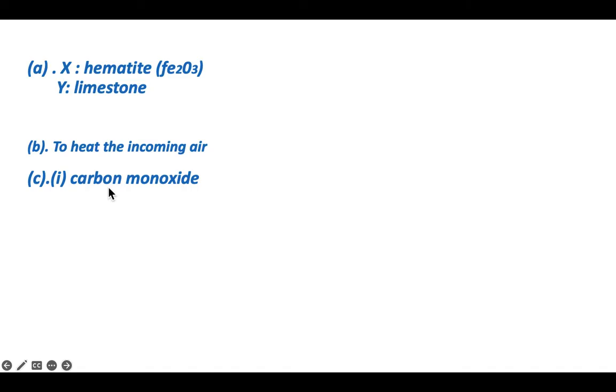It takes out oxygen from hematite, and then hematite is said to be an oxidizing agent. That is a topic as well: in redox reactions, we have a reducing agent and also an oxidizing agent. So hematite is an oxidizing agent, carbon monoxide is a reducing agent. Take note of that.